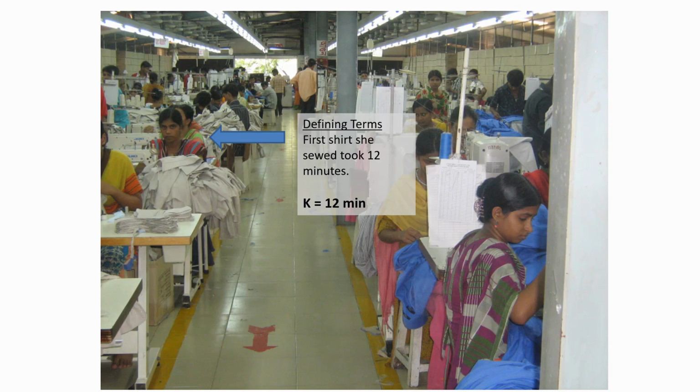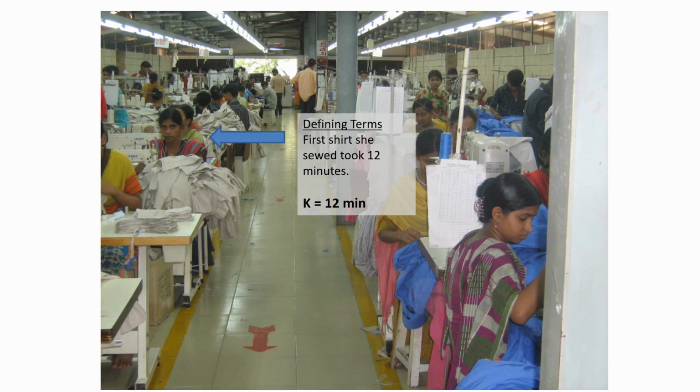And to use that model, we have to define a few terms. One of the data points you need to apply this notion of learning curve or learning progress function is you have to measure how much time it took the very first time a function was done.